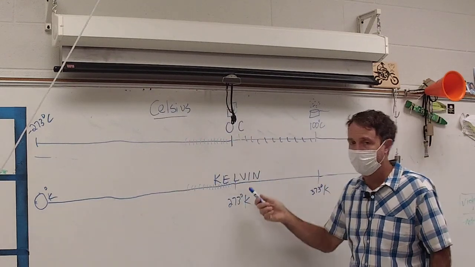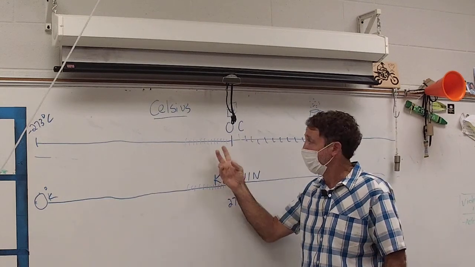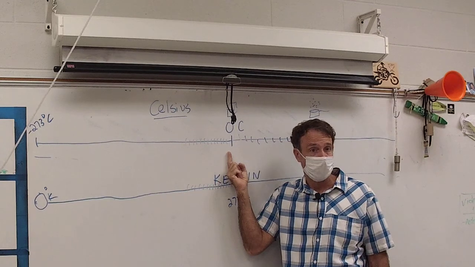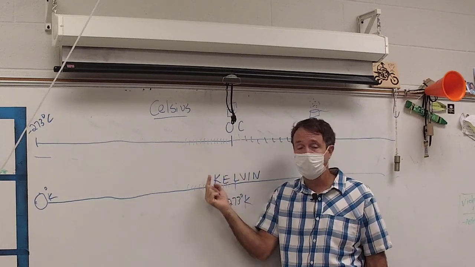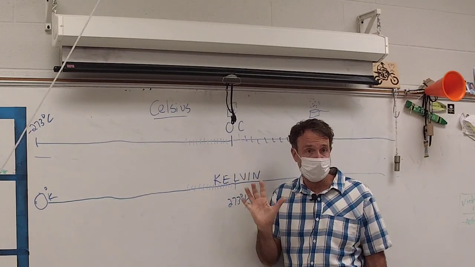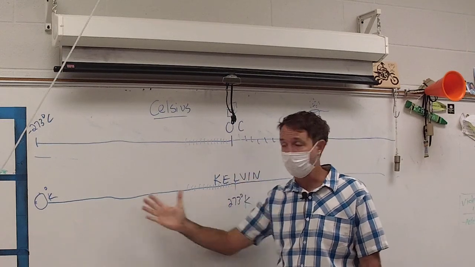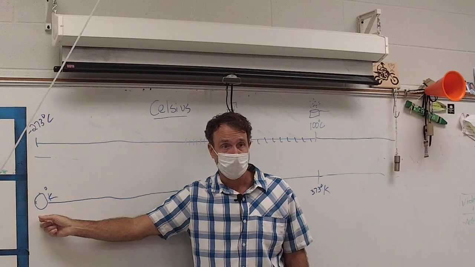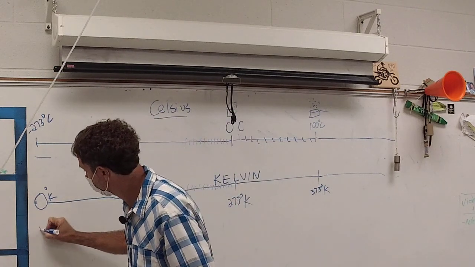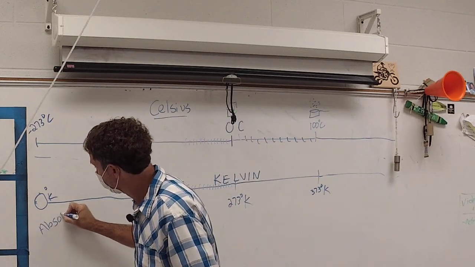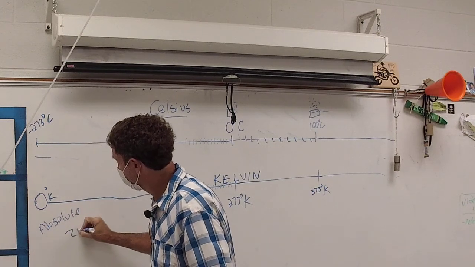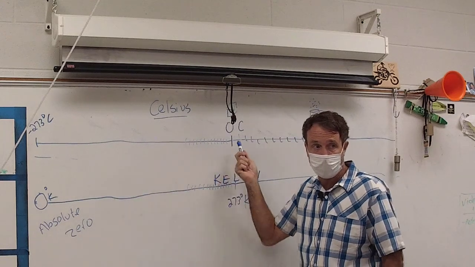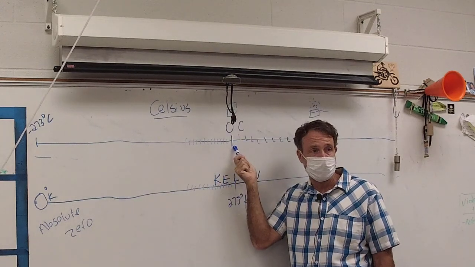So Celsius and Kelvin, are the temperature differences the same size? Yes or no? Yes. The temperature differences are the same size. The only difference is, for Kelvin, 0 is what? What's the name of this? Absolute 0. And for Celsius, what is 0 degrees Celsius?